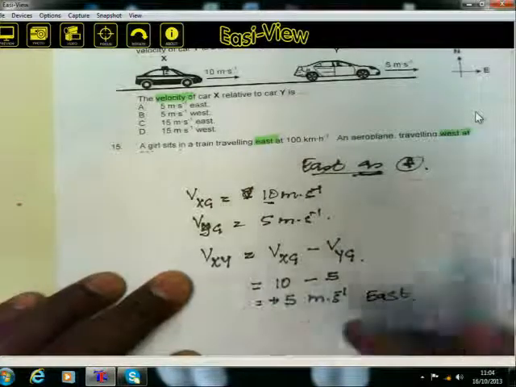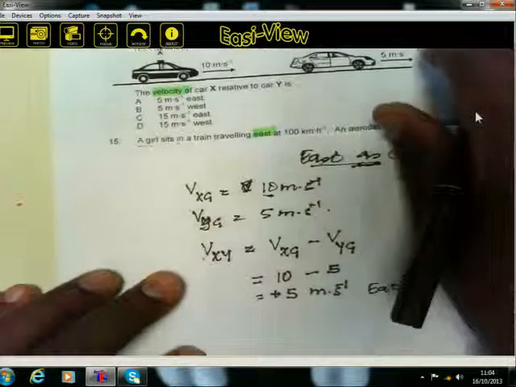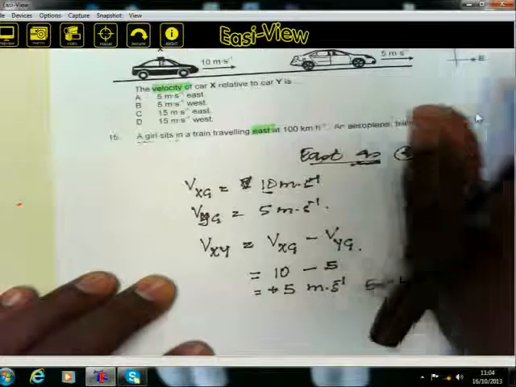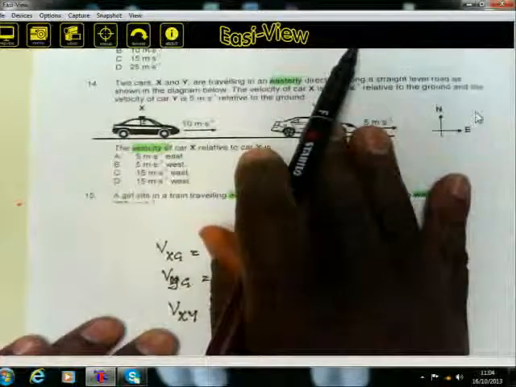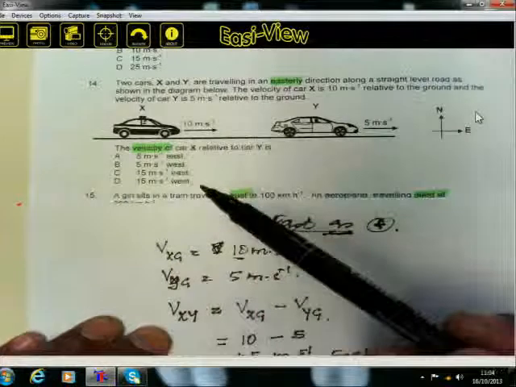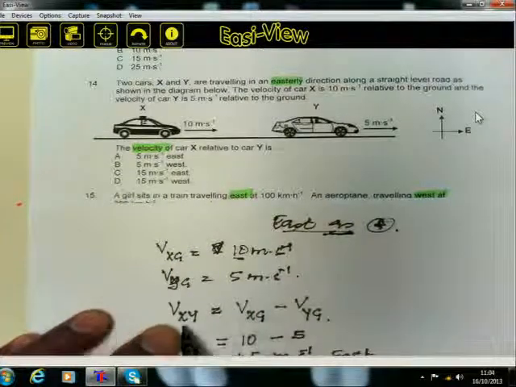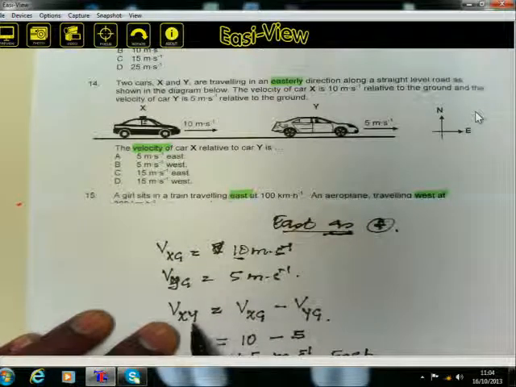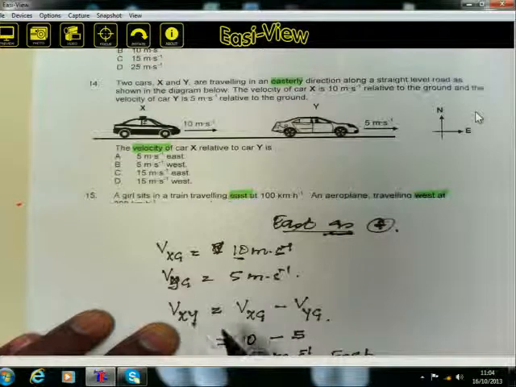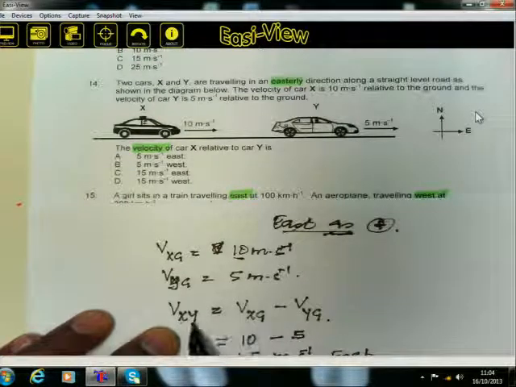Let's take this to the cars on the road. Here, if we see the velocity of x relative to y, we are saying y is the observer.